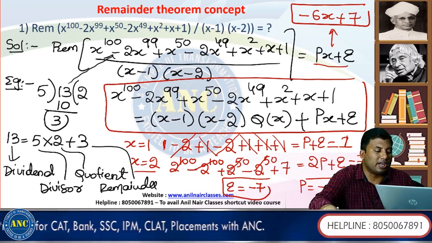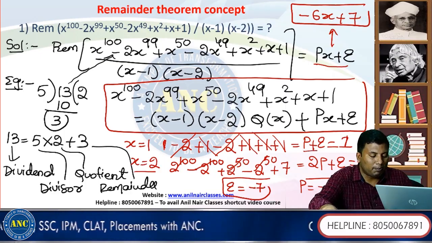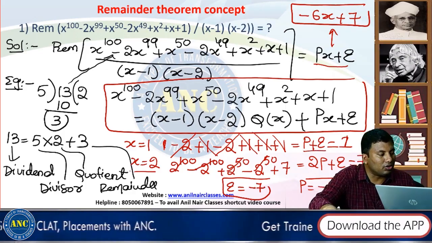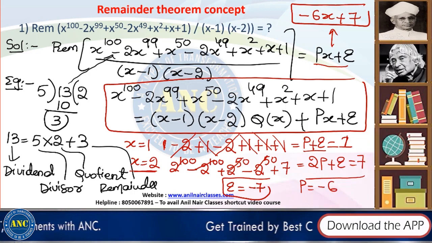I substituted x equivalent to 1. I got p plus q equivalent to 1. I substituted x equivalent to 2. I got 2p plus q equivalent to 7.